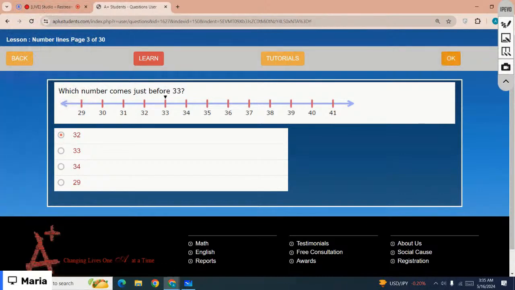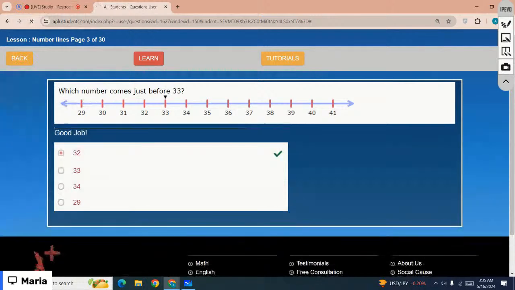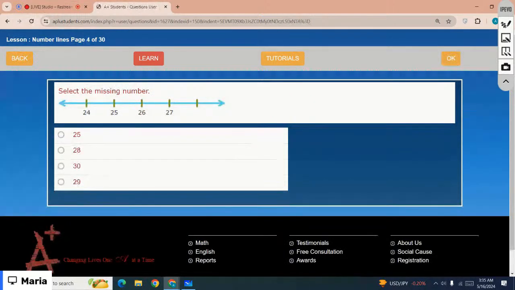The correct option is 32. Select the missing number. So which number is missing?